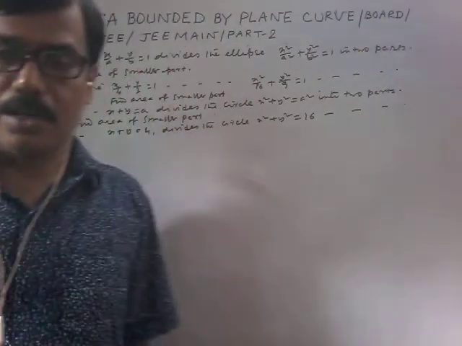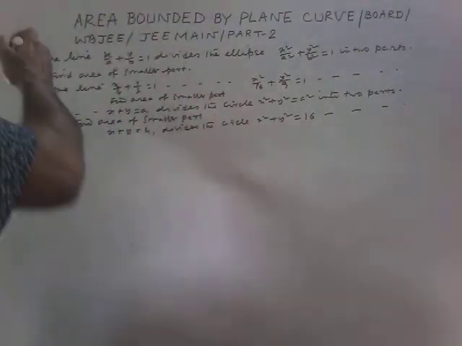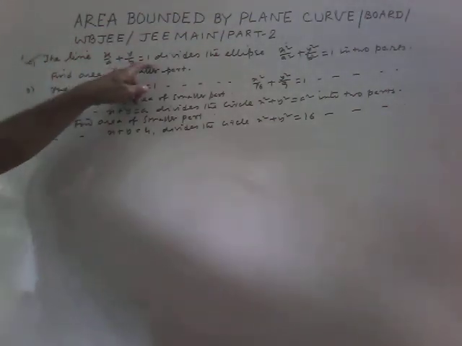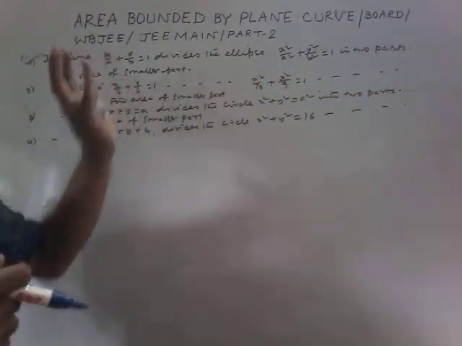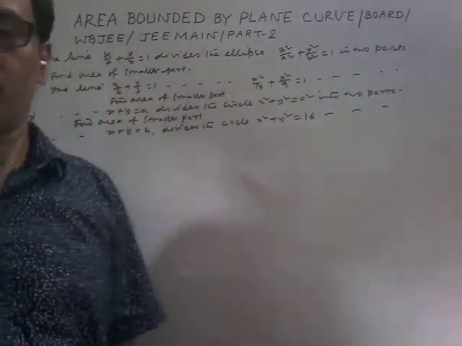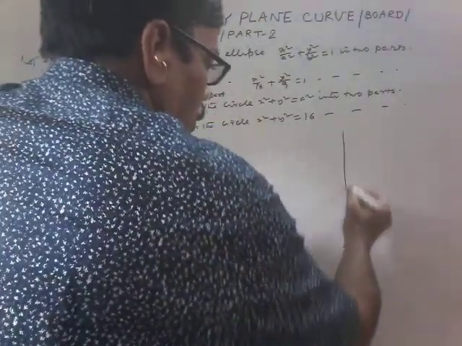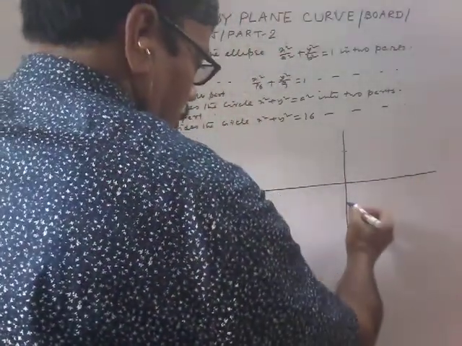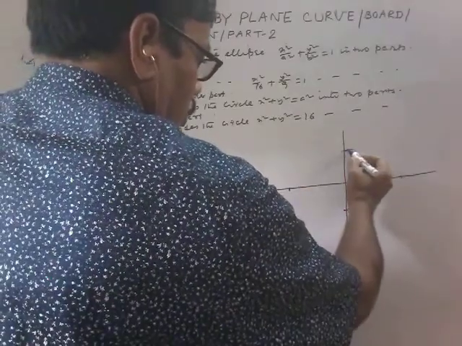Now we consider one general problem. The line x by a plus y by b equals 1 divides the ellipse into two parts. Find the area of the smaller part. So draw the figure, a rough sketch, b dashed, a dashed.